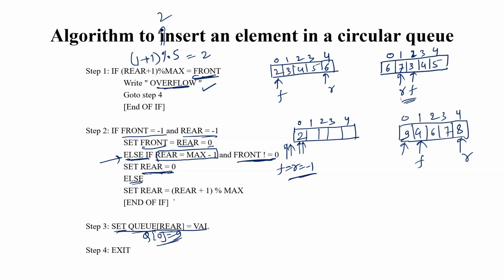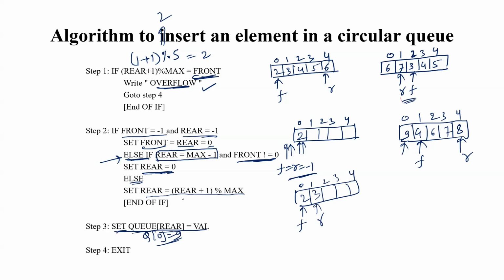The last condition can be any condition other than this. Any condition other than this means anywhere we want to insert the value. For example, we have 2, 3. So in that case, the value of front is 0 and the value of rear is 1. So here we will just substitute the value now.